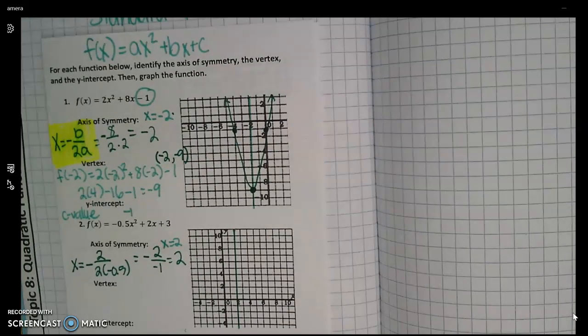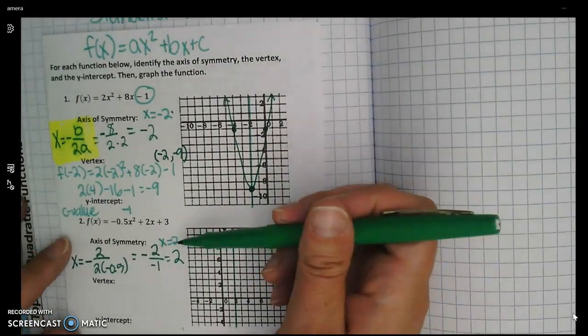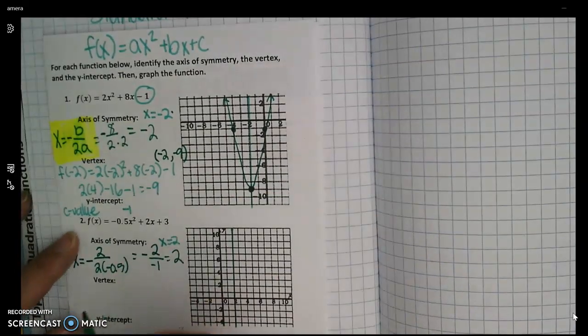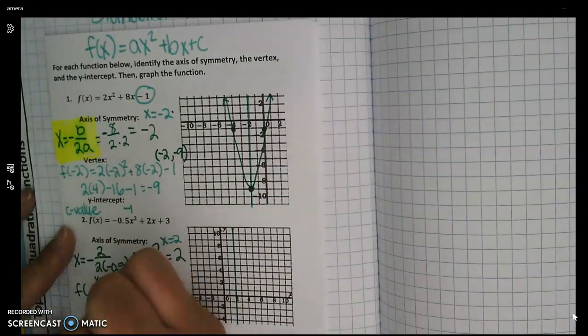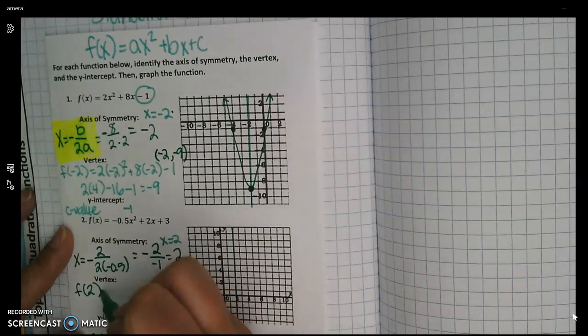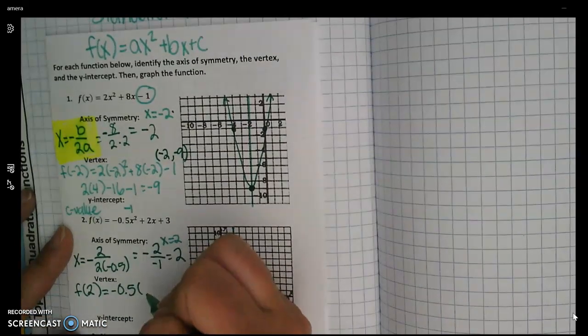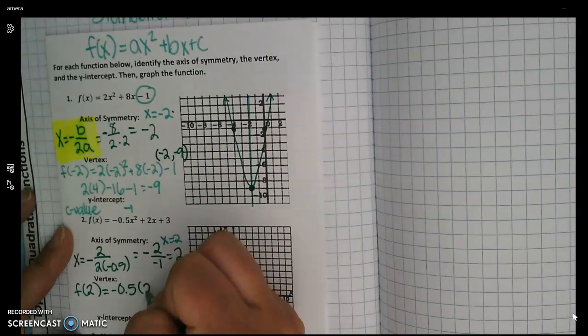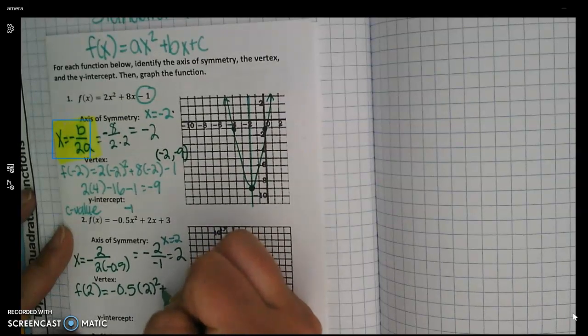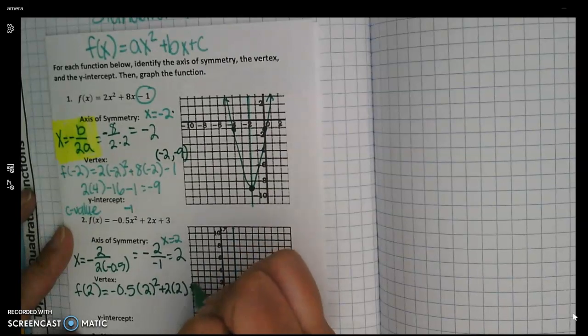The vertex is the next thing that we're going to find, and we're going to use that x equals 2 to plug into our function to find the output value. So this gives us negative 0.5 times, instead of x, I'm plugging in 2 squared plus 2 times 2 plus 3.